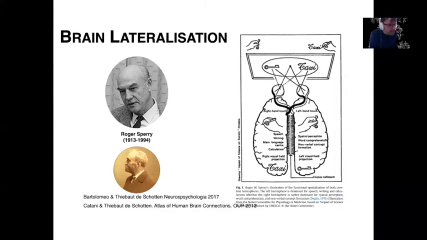a specialization of given functions for the left hemisphere, such as the right hand touch, the vision in the right hemifield, reading and writing, the main language center because of speech and comprehension, calculation, and right visual field projection, we talked about it already.